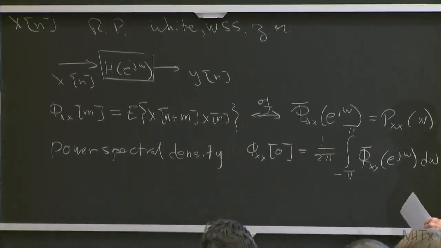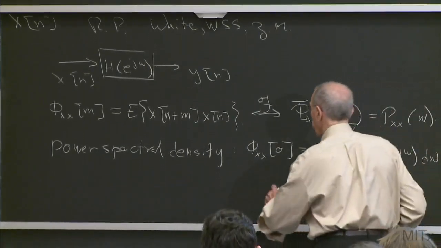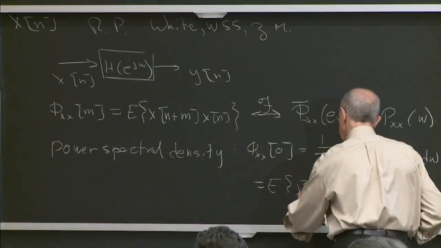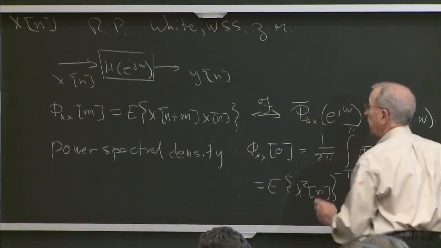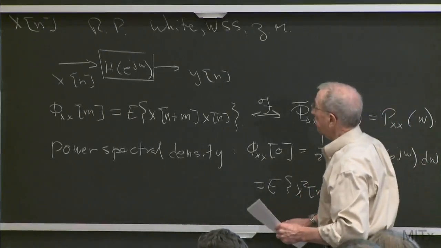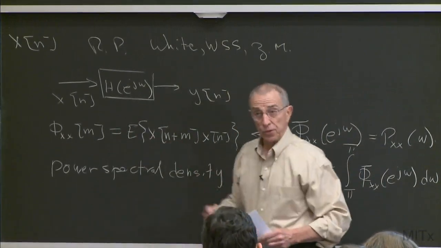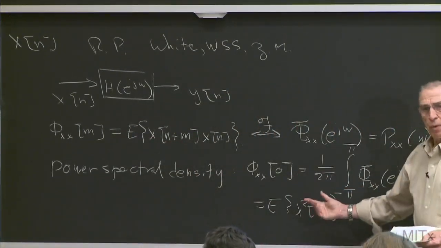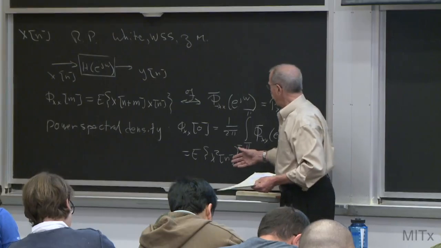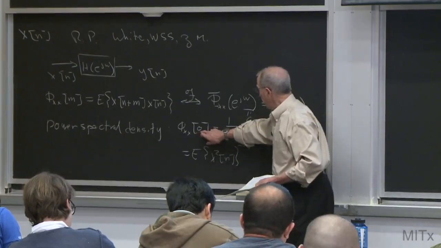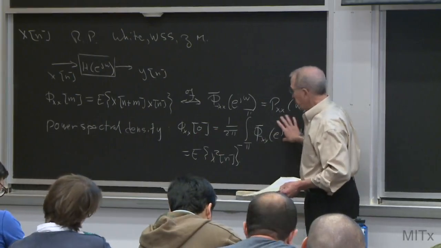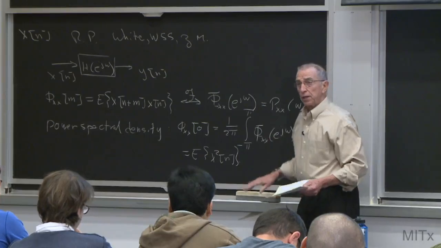And this, of course, is also the expected value of x squared of n, and that simply follows from this equation. So it says that the average power or the average energy is the autocorrelation function at 0 lag, and it's the total area under the power spectral density.